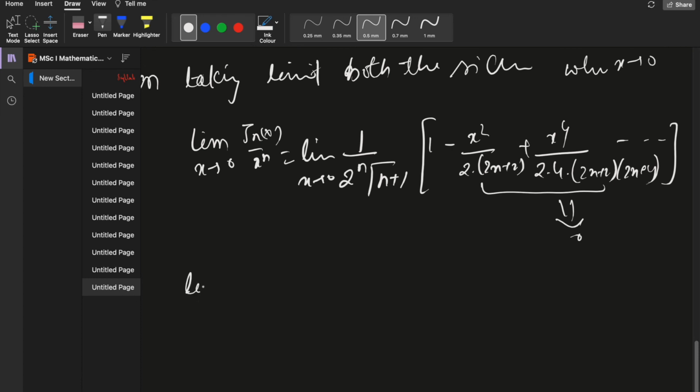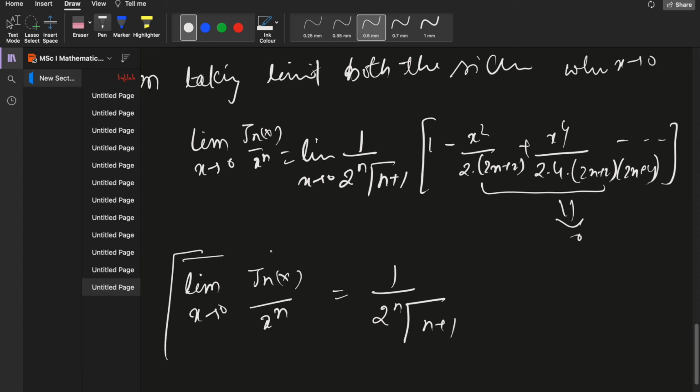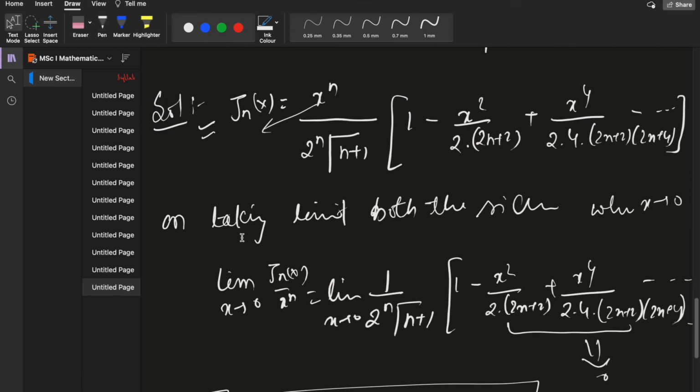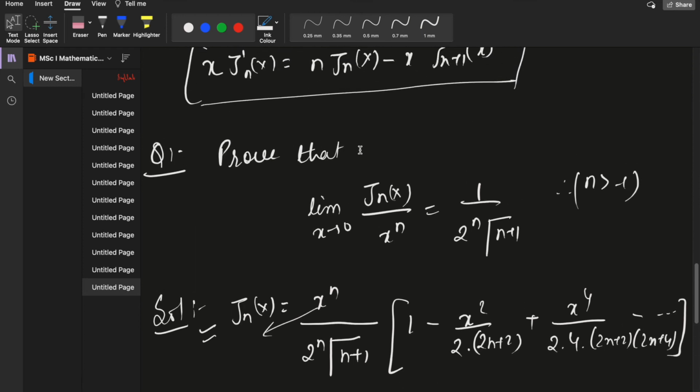So the only remaining quantity becomes limit x tends to 0 of Jn(x) upon x to the power n, which will give me 1 upon 2 to the power n gamma function n plus 1. So this is what we had to prove. Okay, so this is the recurrence relation and the numerical on Bessel function. Thank you.